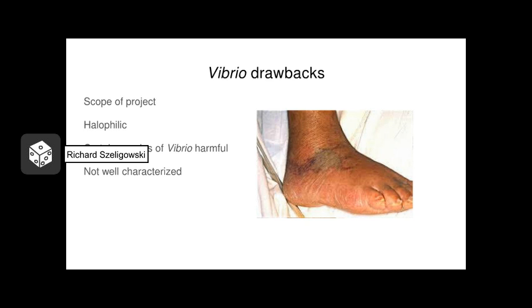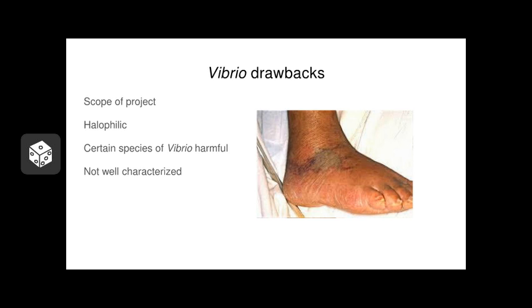Some of the Vibrio drawbacks that we ran into were right off the bat the halophilic nature of the species. Initially, it was thought that maybe we could use this constraint to think up some interesting applications, maybe electronic repair in saltwater environments, things like that. But it turned out that this is going to be more of a hurdle than a help.